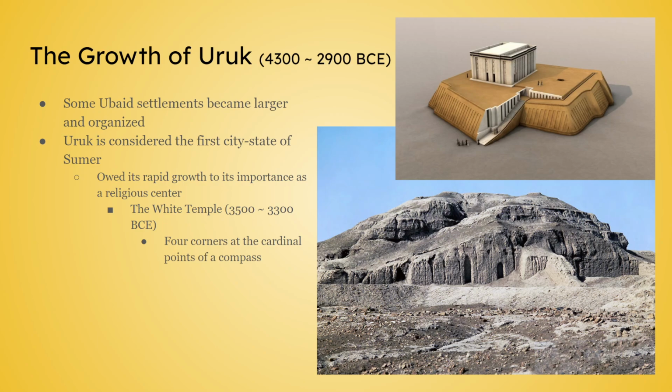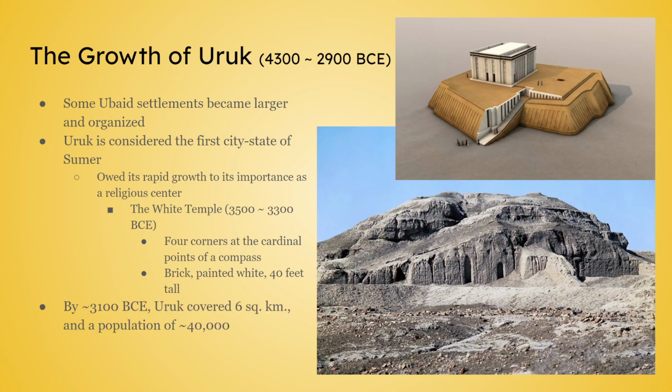Its four corners are positioned to face the cardinal points of a compass, which is pretty interesting and cool. It's mud brick, painted white, and 40 feet tall. In case you wanted to know.